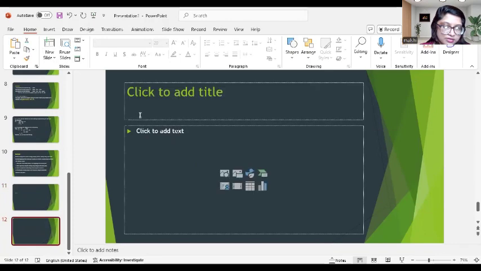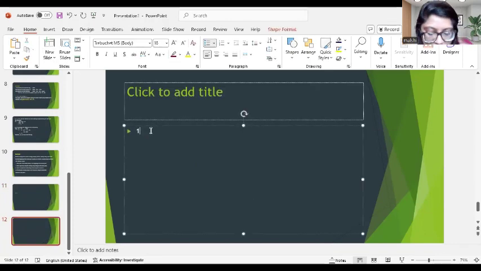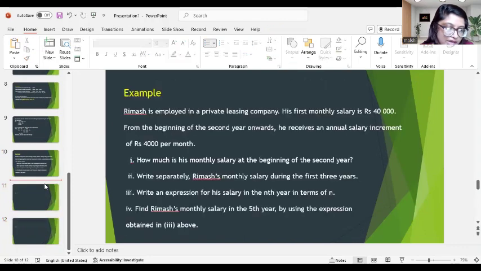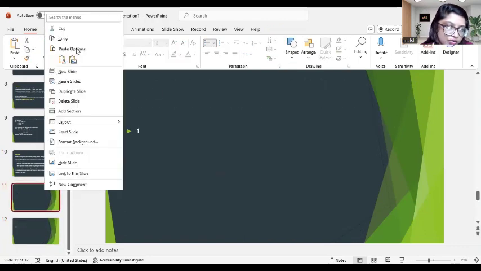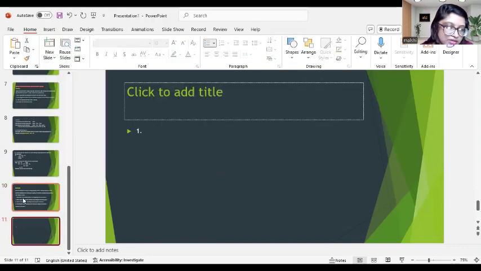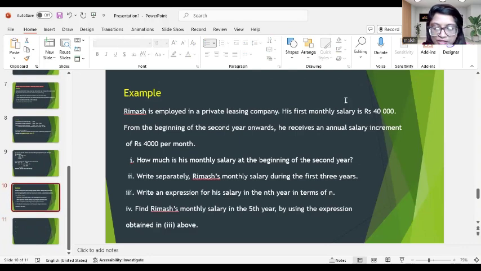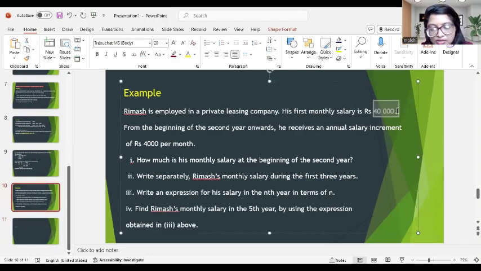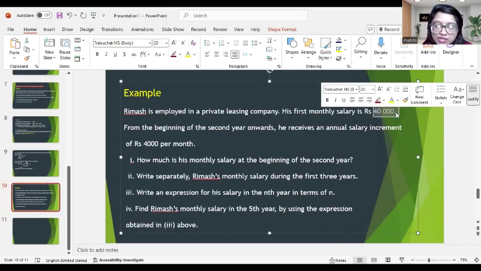Okay, you know the common difference, and you should know the difference between the first salary, you need to subtract 4,000 from 40,000. Therefore, which value can you get?